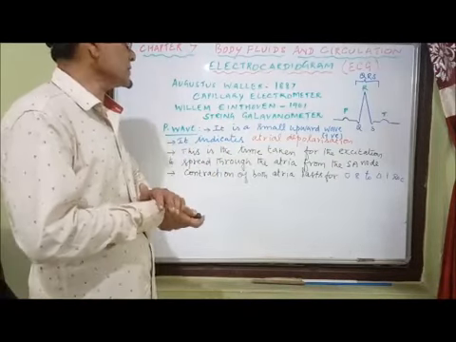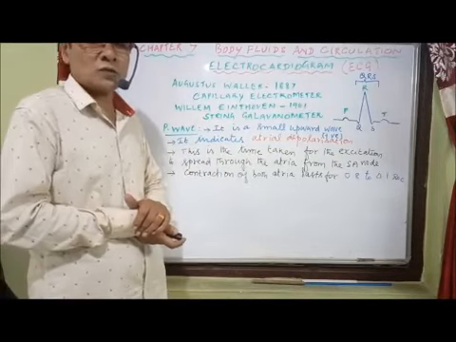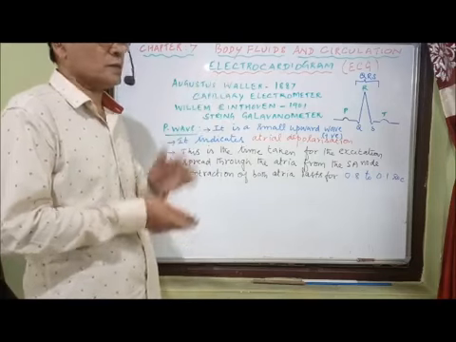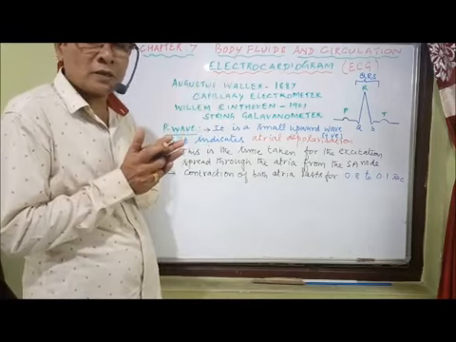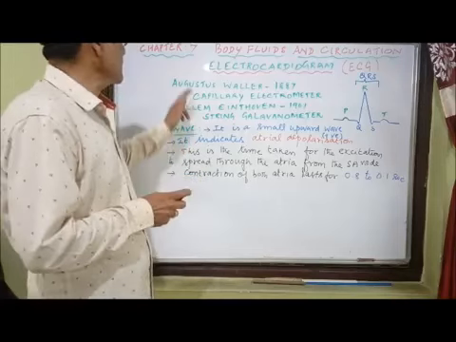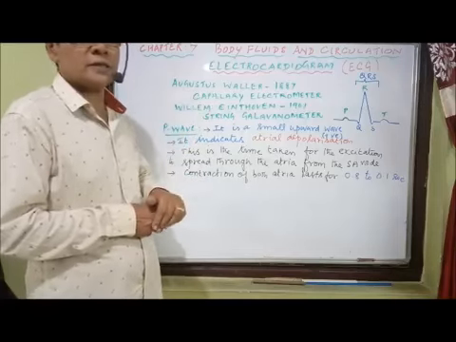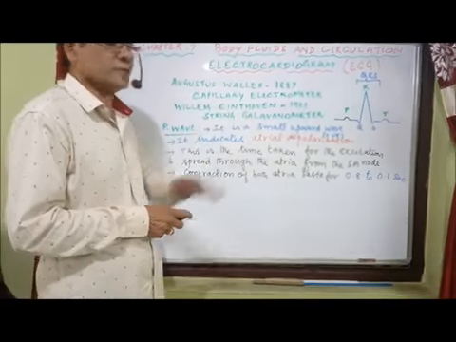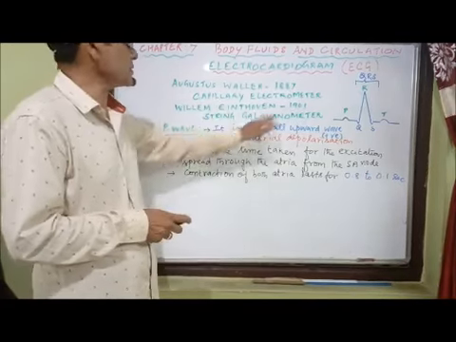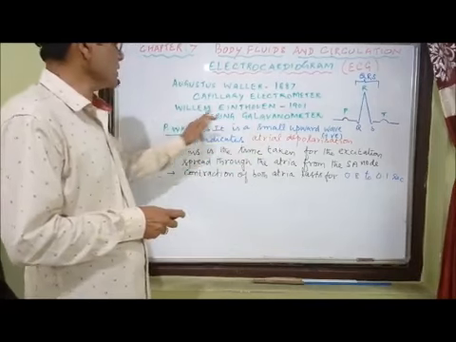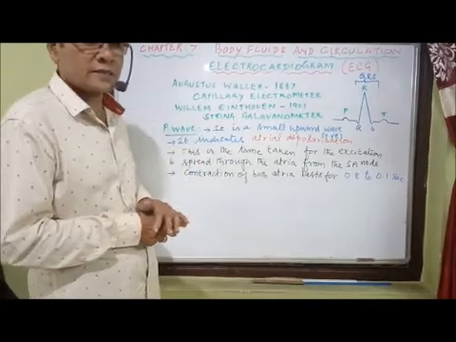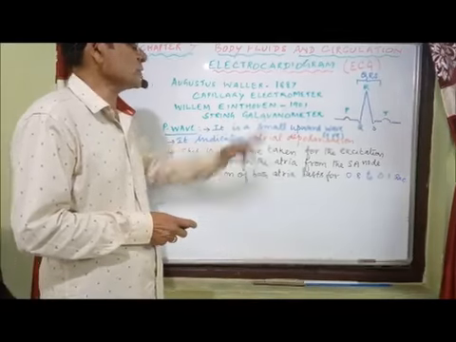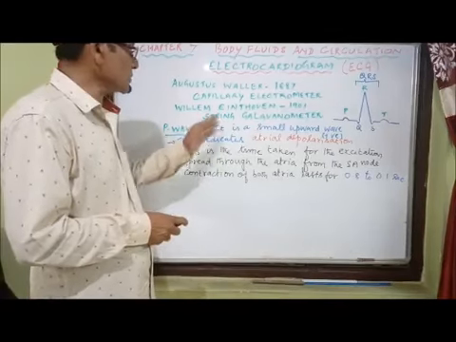And before that, let's see something about the invention of the electrocardiogram. The recording of the heart was first started by Augustus Waller in 1887. He used a capillary electrometer, but later in 1901 it was Willem Einthoven, a Dutch scientist and doctor, who developed the string galvanometer, and that is the most accepted one.